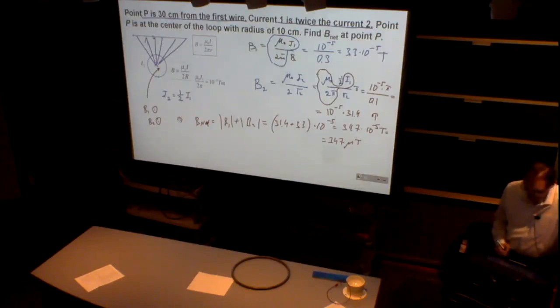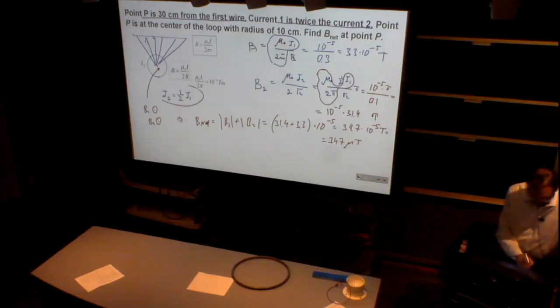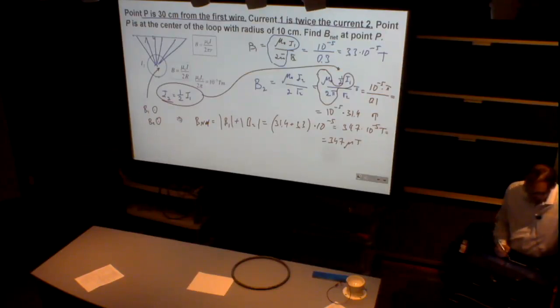Yes? How did you get rid of the 1/2 before the current in the second equation? I use this here because of this statement. But when you calculated, you didn't use it.